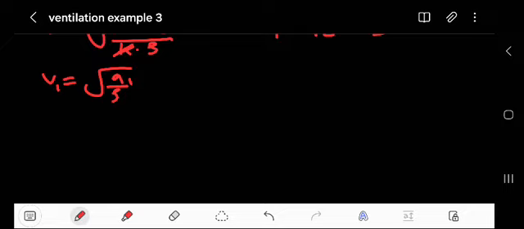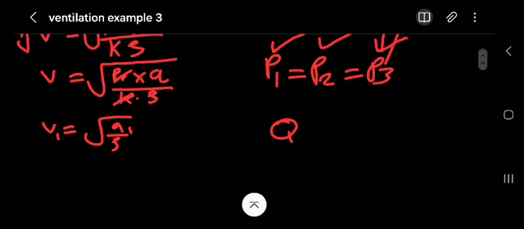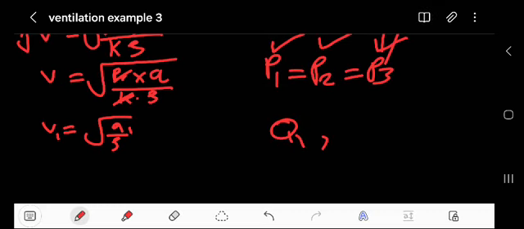Then they say we should calculate Q. They want Q1, Q2 and Q3. We want these Q's. So we know that Q is given as area multiplied by velocity.